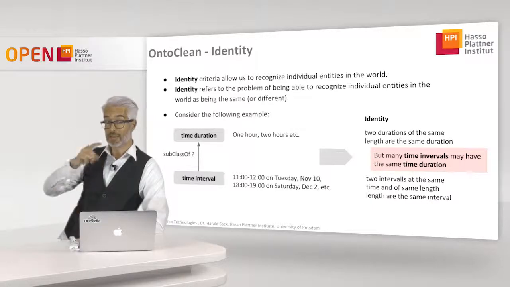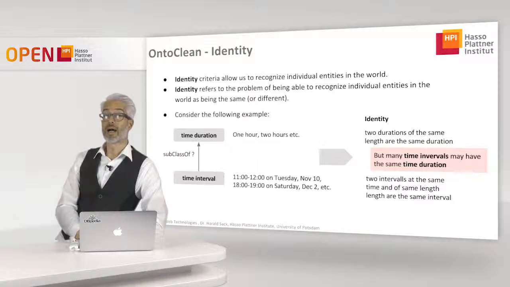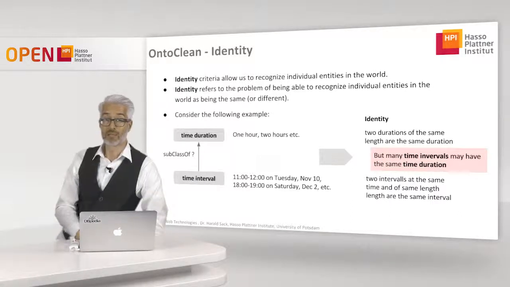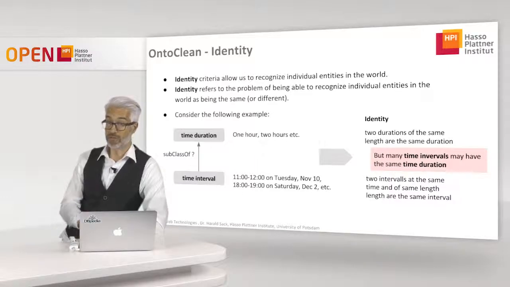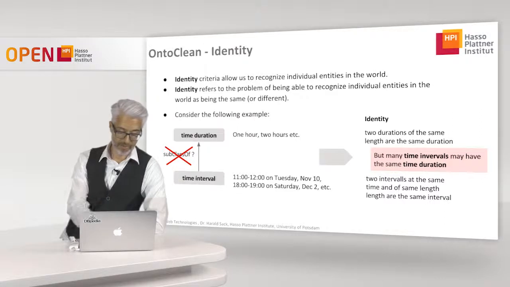So there is an ontological difference between the identity constraint or the identity criterion that we have here. Therefore, we are not allowed to model it as a subclass relation. It violates exactly this constraint, so it's not a subclass.